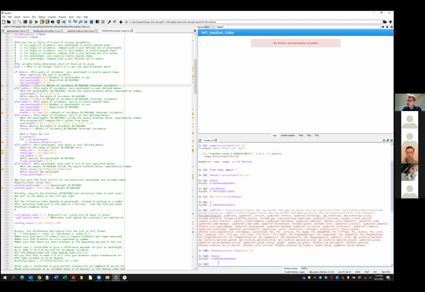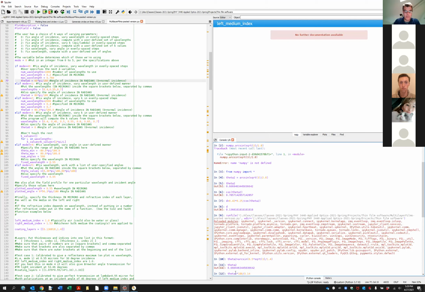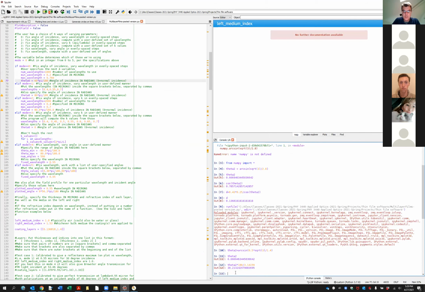Theta 2. Let's check that by converting it to degrees to make sure it is smaller than 60 degrees. Times 180 divided by 3.14159. Yeah, that's smaller. So that makes sense.